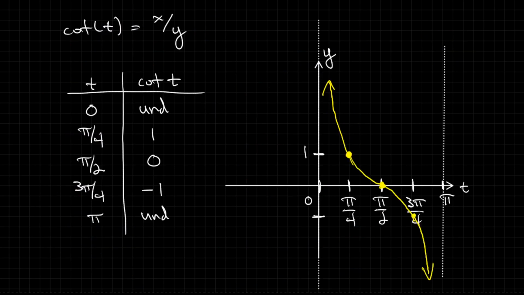So cotangent of t has range all real numbers, because for every horizontal line you draw, you get an intersection, just like for the tangent function. Every horizontal line has an intersection.